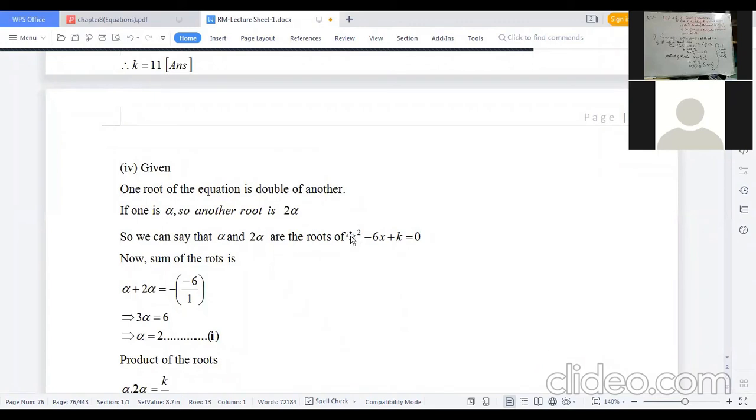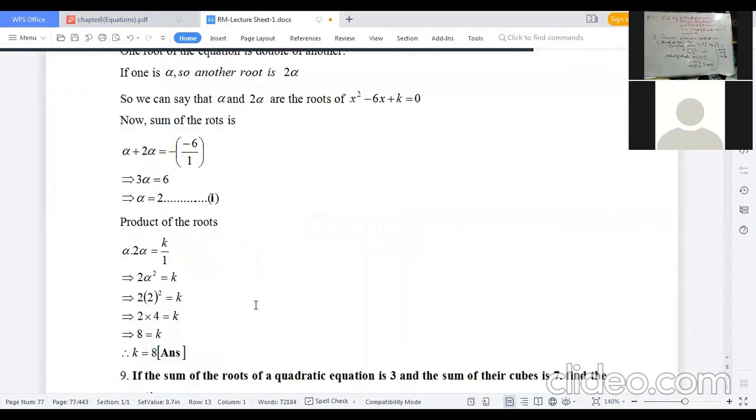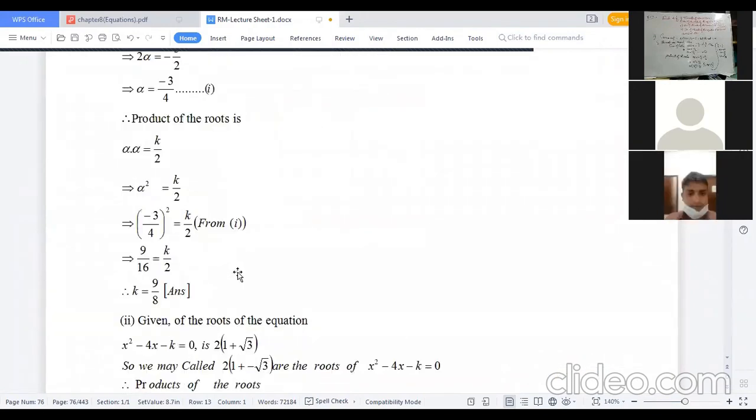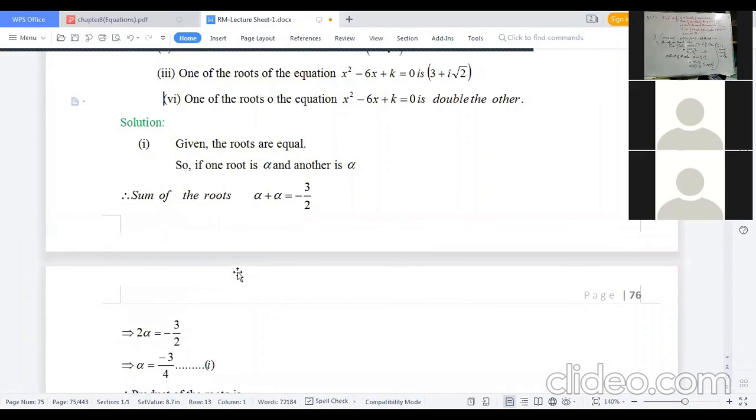Here b is minus 6 and a is 1, comparing with the quadratic equation x² + bx + c, so the constant term c equals k. So alpha plus twice alpha means thrice alpha equals 6. Again, product of the roots is c by a, c means k. In this way, we can write twice alpha square equals k. In this way, k equals 8. This is the actually required value. Now you can do this.